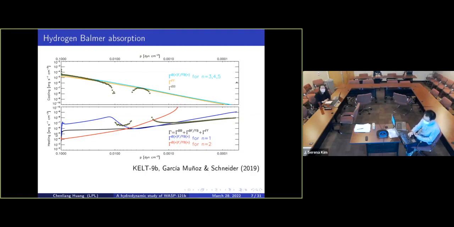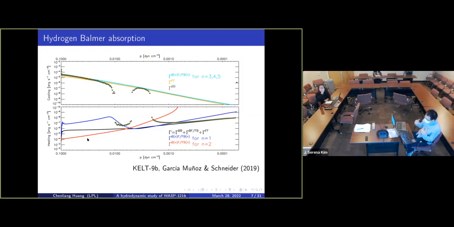So the heating axis is kind of inverse, larger at the bottom. So the black solid line is the Lyman continuum heating that ionizes ground state hydrogen and heats the atmosphere, which is typically what's considered the major heating channel in the photoevaporation study. And this curve is the Balmer continuum heating.